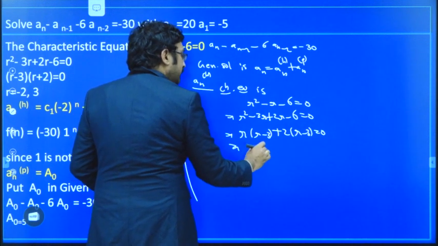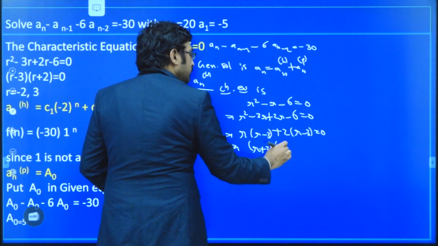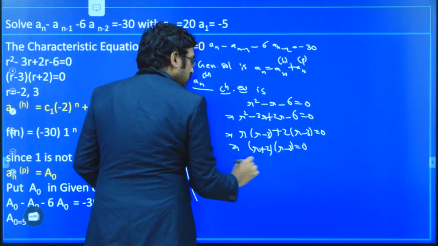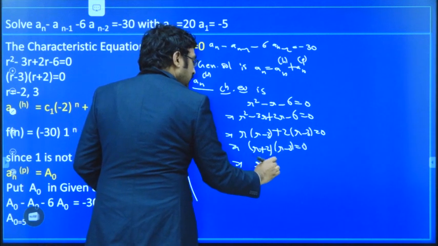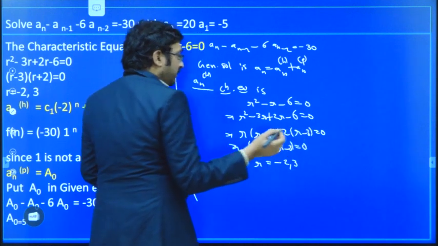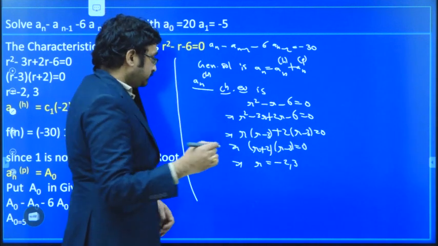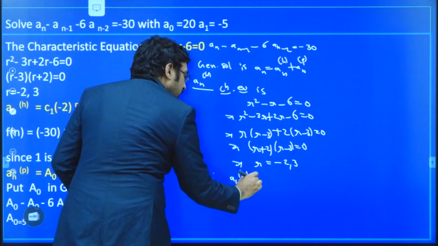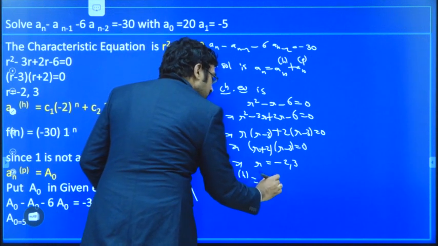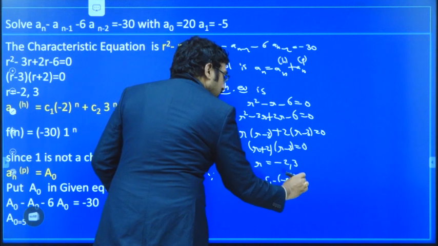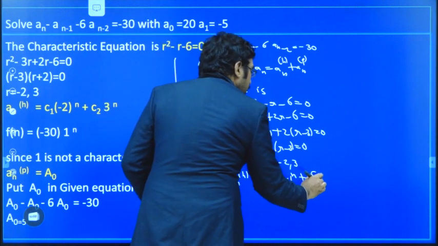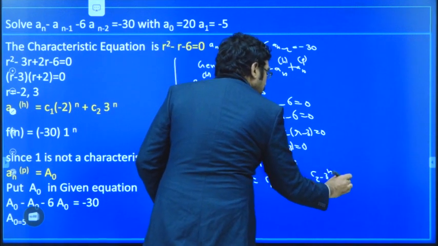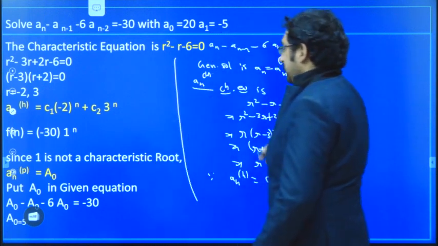That implies r plus 2 into r minus 3 equal to 0. That implies r equal to minus 2, 3. Therefore, a_n^(h) equals c1 into minus 2 whole power n plus c2 into 3 power n. Equation number 1.